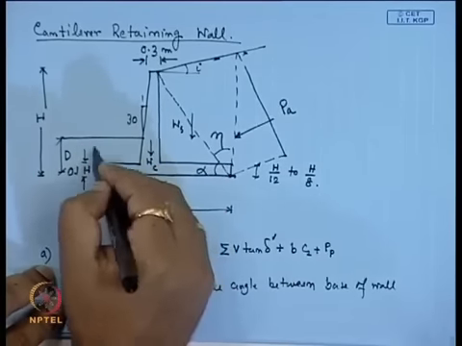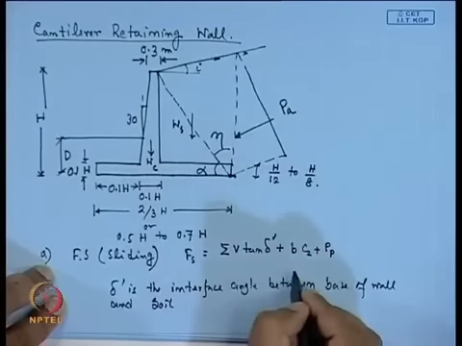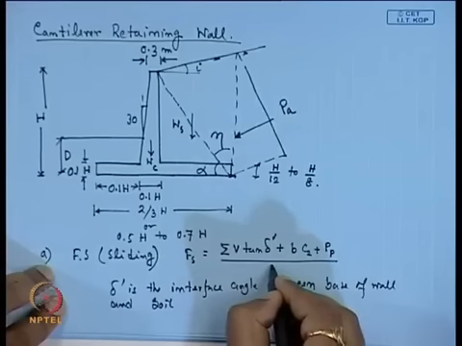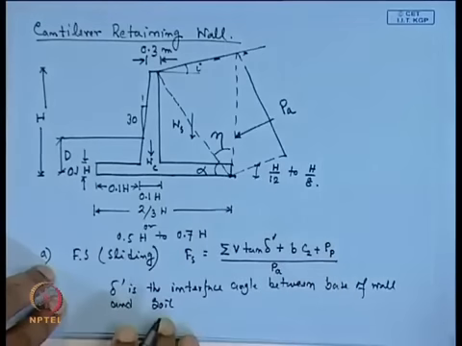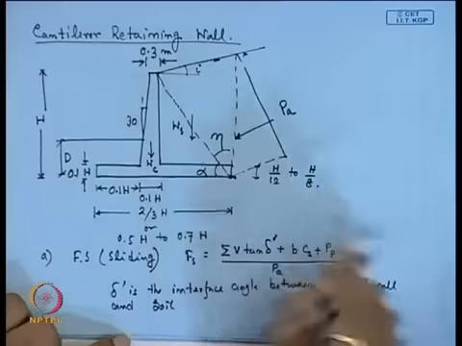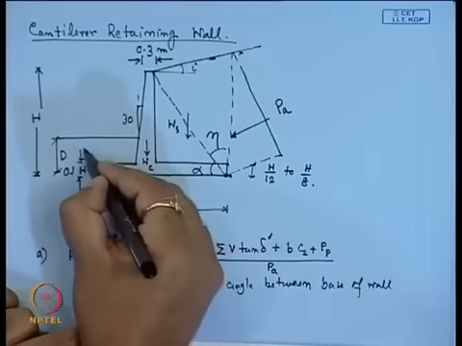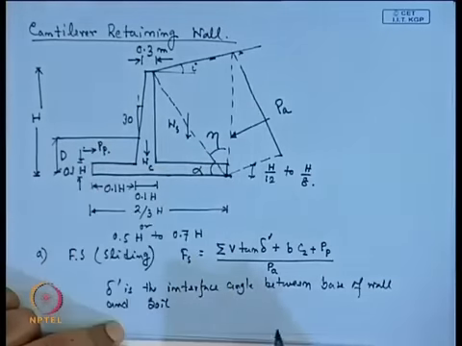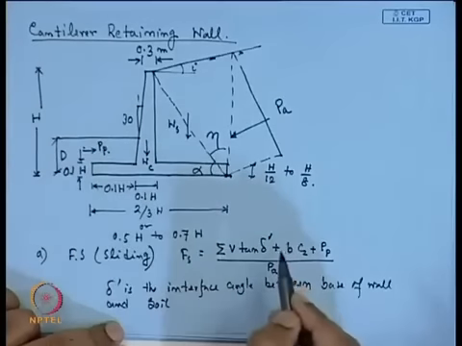So, P P is the passive force, divided by P H or P A, that is the horizontal force. So, this force P P will act here. This is the passive resistance that will act.